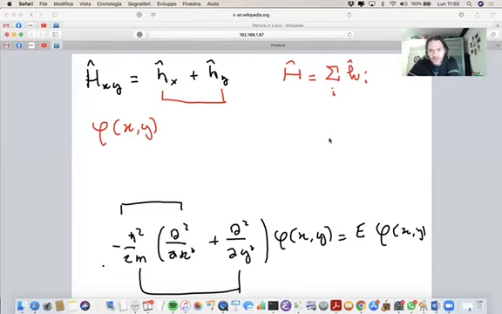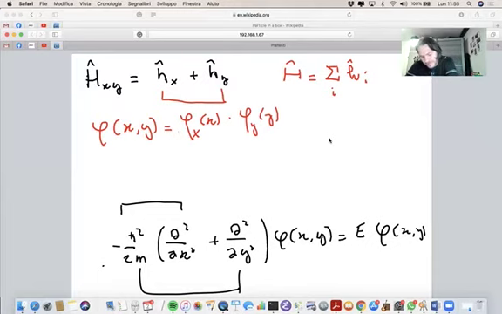But let's stick to the 2-dimensional case. If I have a Hamiltonian split in 2 parts, then the solution can be written in the following way: it is the product of 2 functions, let me call it phi x for x, times phi y of y.